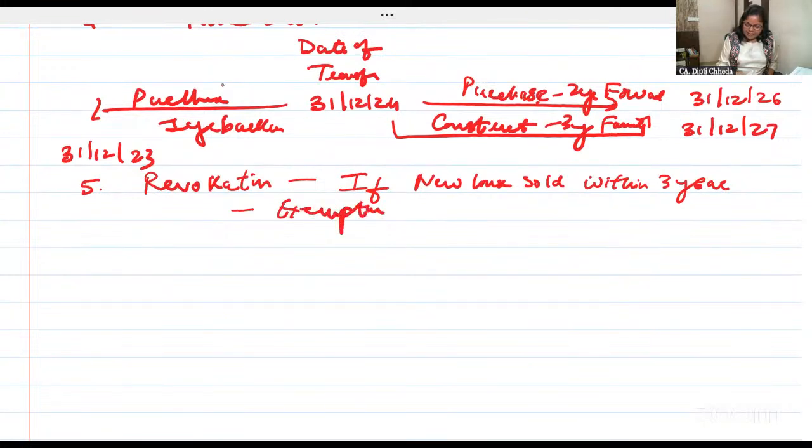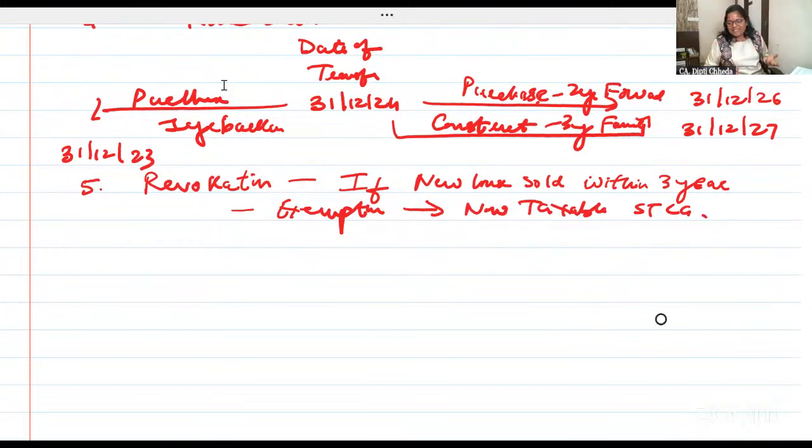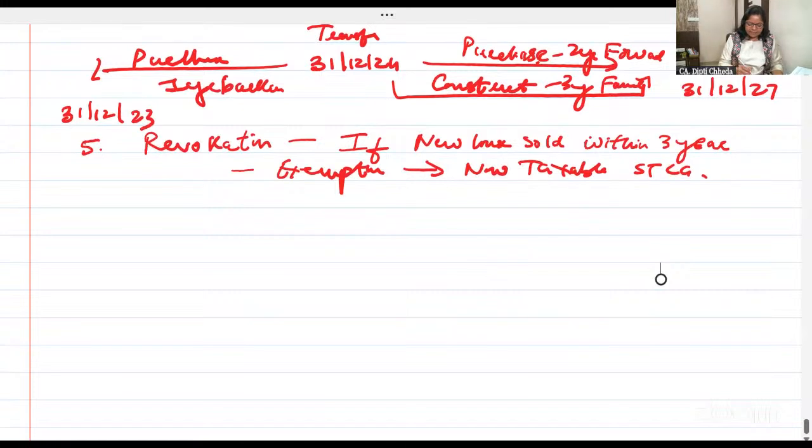Whatever exemption was given, now taxable. Revocation I'll teach you in detail tomorrow. आज पहले exemption तो करें. So if the new house is sold within 3 years, the exemption goes. Now it will become taxable as short-term capital gain.